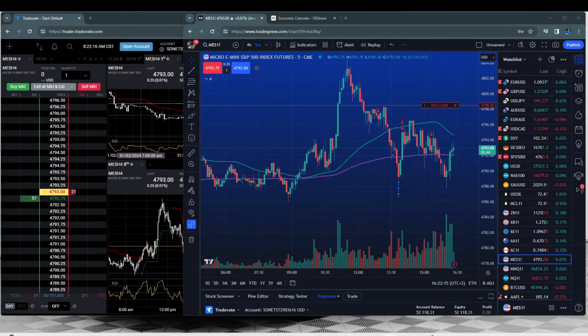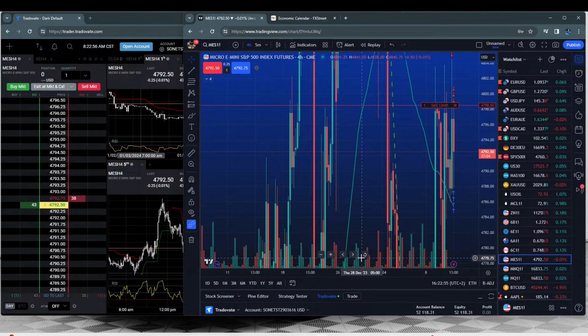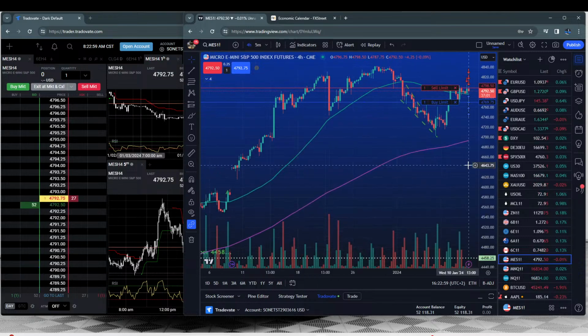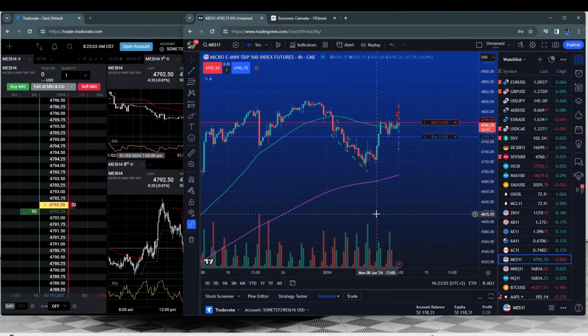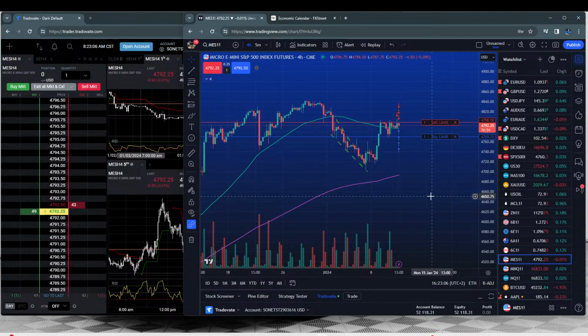Seven minutes to go. I have a long bias because my models and way of analyzing markets point to there still being momentum to the upside.